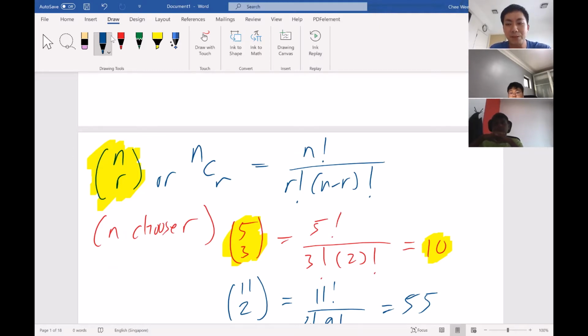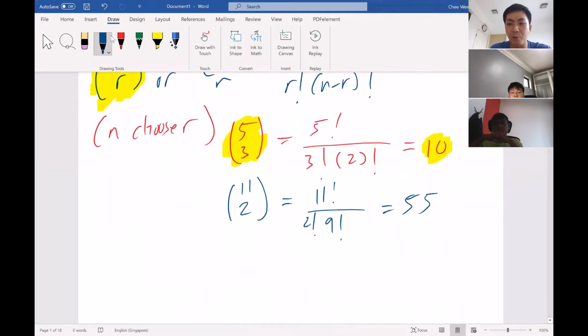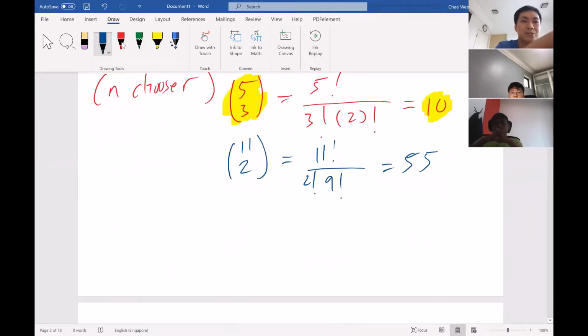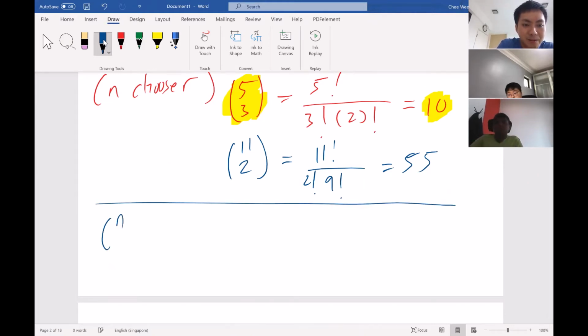There are some special properties of n choose r that you need to be aware of also. This is the first one. N choose 0 is always equal to 1. The number of ways to choose 0 players from a pool of n players is to not choose at all. So there's still one way, do not choose at all, and walk away.